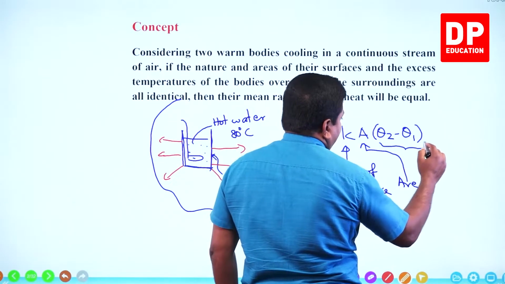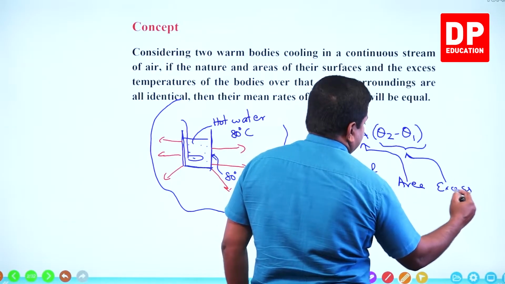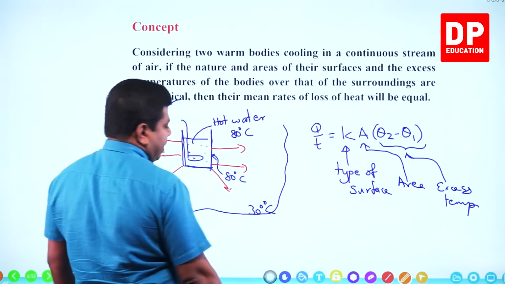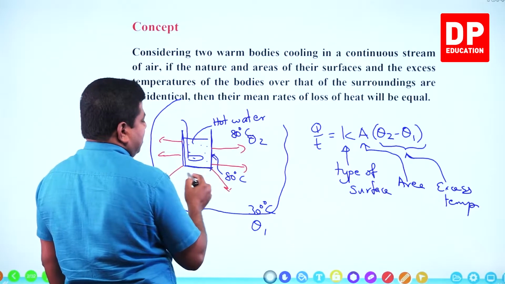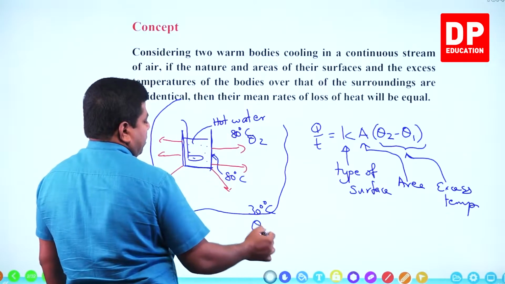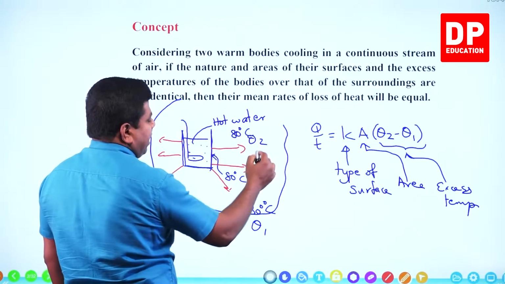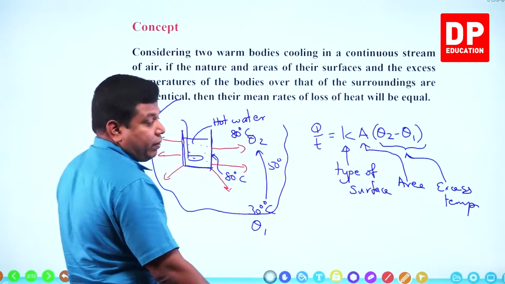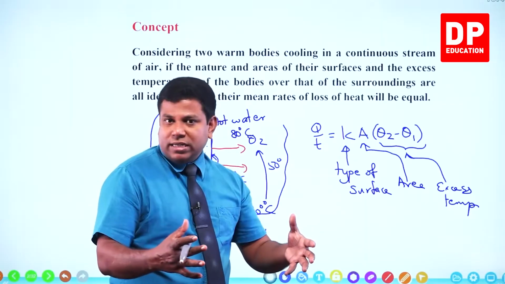Theta 2 minus theta 1 means excess temperature. Now in my example, this is theta 1, this is theta 2. Surface is at 80 degrees, surrounding is at 30 degrees. The excess temperature in this case is 50 degrees, right? If the excess temperature is high, the heat will flow faster.